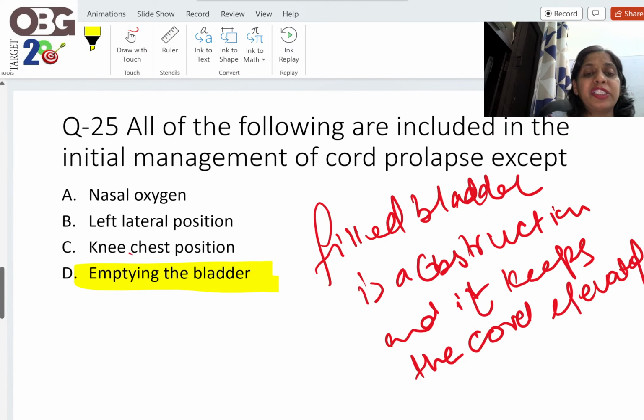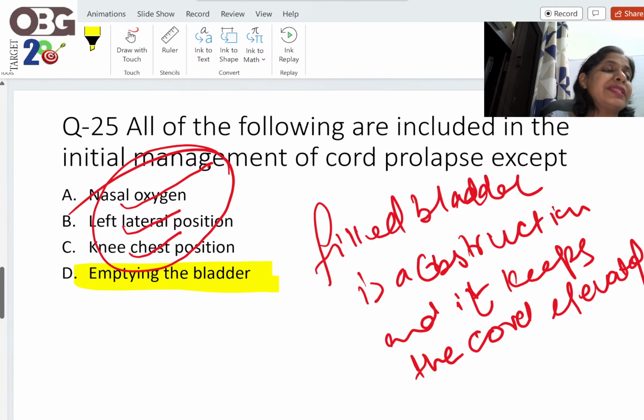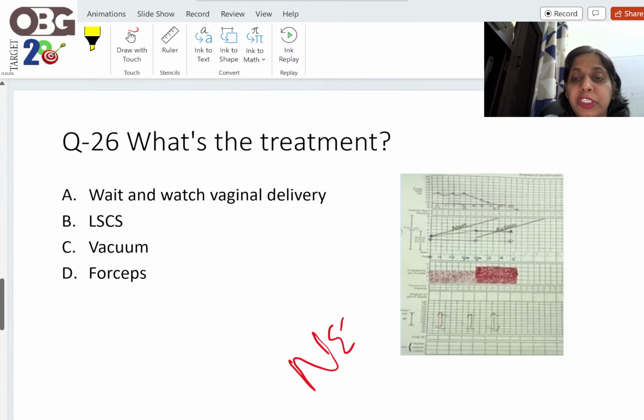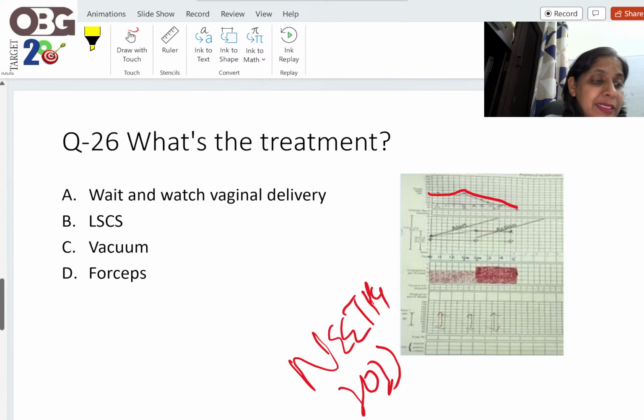So yes, knee chest position, left lateral position, nasal oxygen, all of this helps to decrease the fetal distress by elevating the cord. This is one of the recall questions of NEET PG 2023. Here there is marked fetal distress and the patient is going more toward arrest.